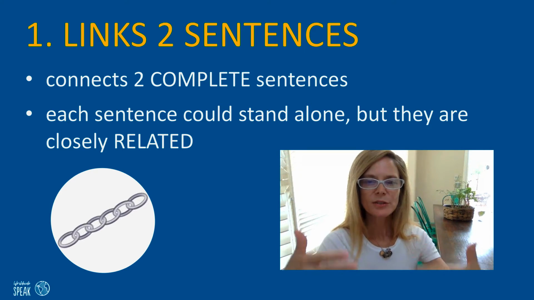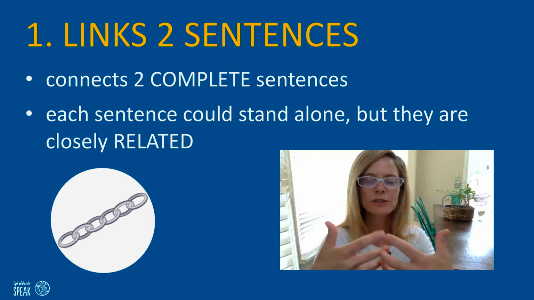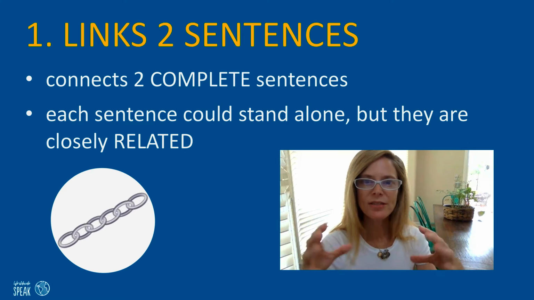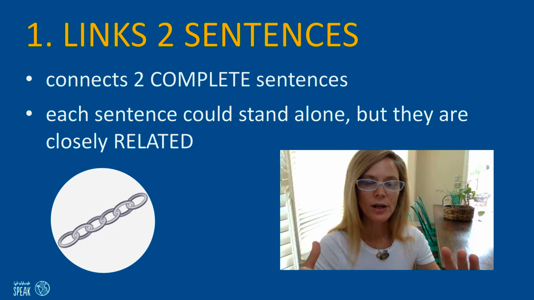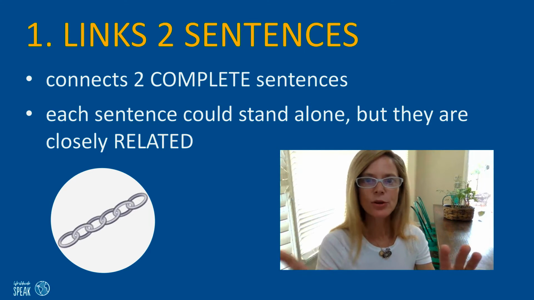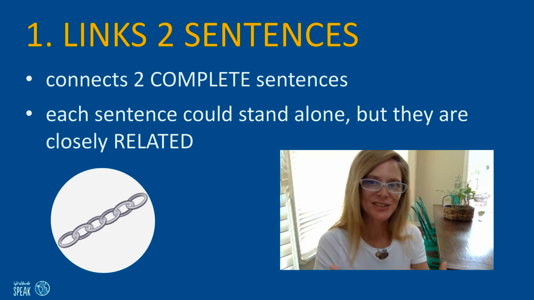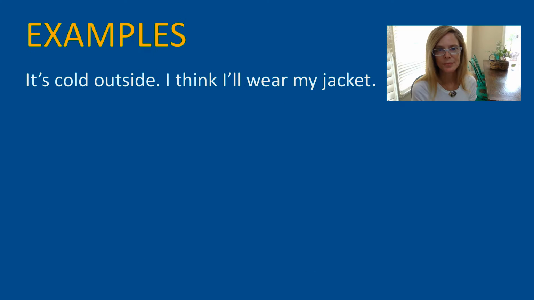But these 2 sentences are so closely related that you can link them together with a semicolon, and this shows the reader that even though the sentences can stand alone, there's connection, and you want to emphasize that connection.